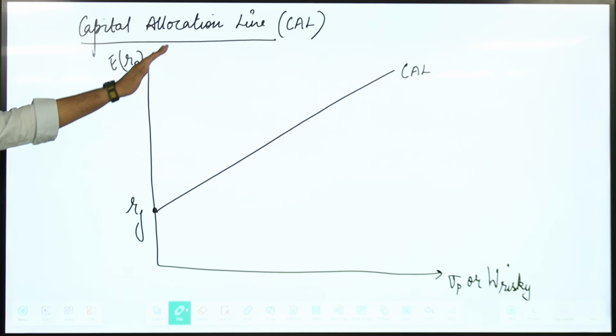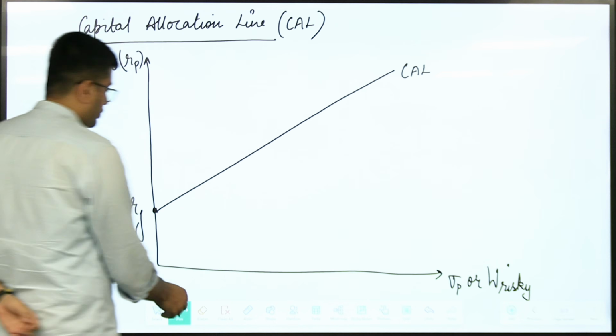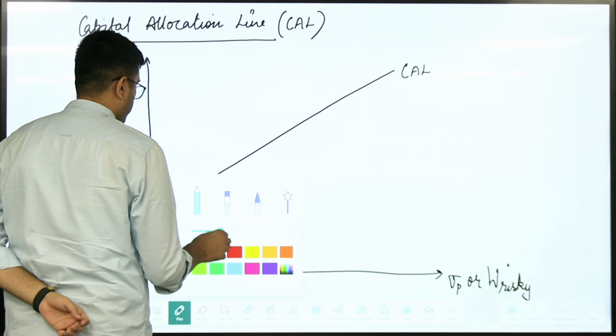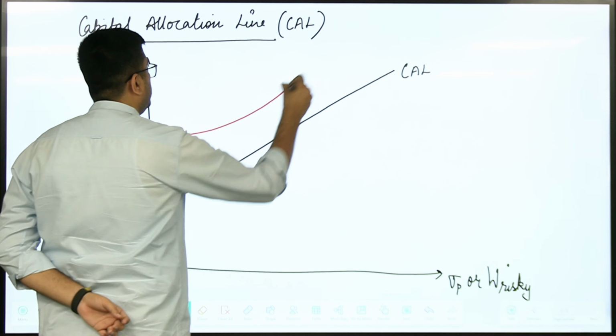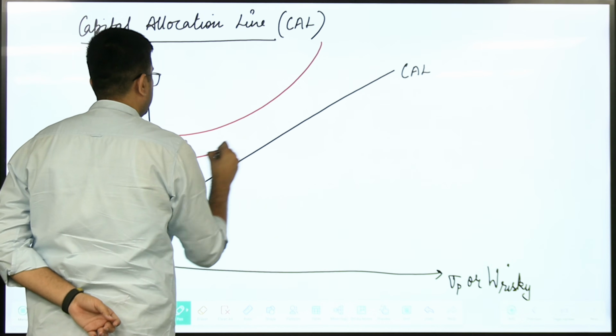So if CAL is a combination of all the different portfolios that we can use, then from this, we will pass a bunch of different indifference curves.